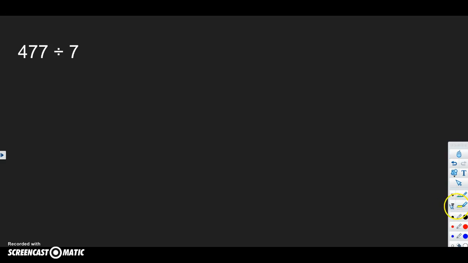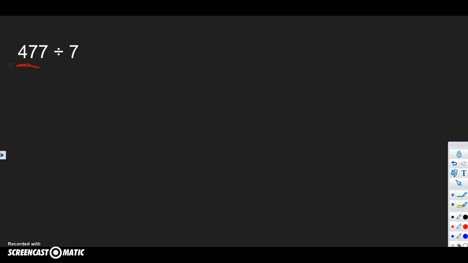But the best place to start is by looking at the first two digits in our dividend. So we have 47 as the first two digits in our dividend. Well, what multiples of 7 are going to be close to that?